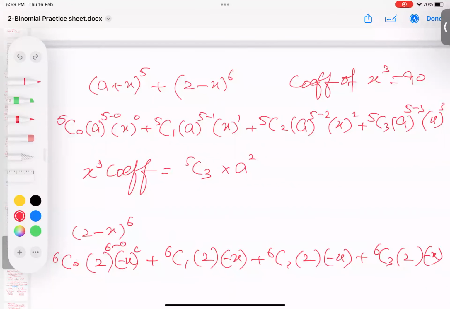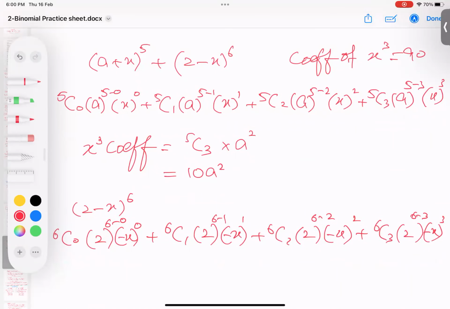Alhamdulillah, 6 minus 1 comes here, and 1 comes here. And 6c2 coming here, so actually we have 10a to power 2 in the first part, sorry, I missed it here. Now 6c2 comes here, and this 2 comes directly here. Now 6 minus 3 comes here, and 3 comes here directly.